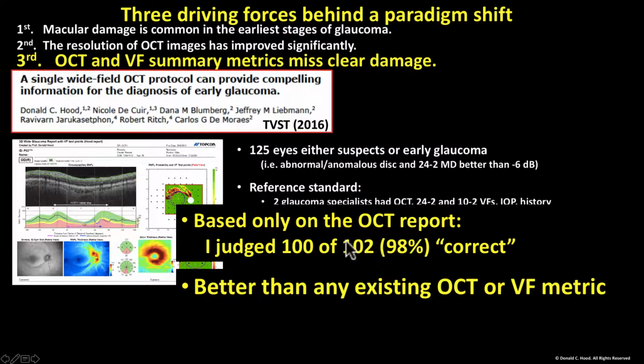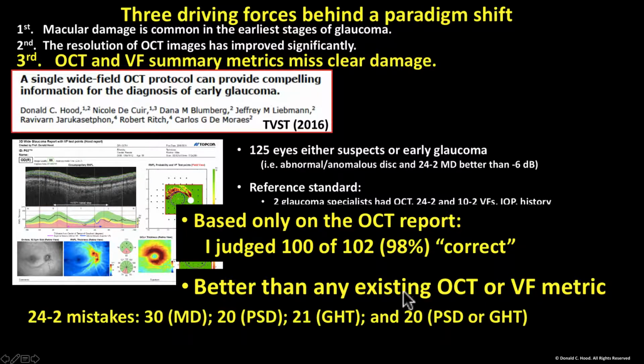This performance was much better than any of the existing OCT metrics. For example, out of the 102, I had 2 mistakes. If you depended on the mean deviation of the 24-2, you would have 30 mistakes. If you depended on the pattern standard deviation, you'd have 20 mistakes. If you depended upon the glaucoma hemifield test, you'd have 21 mistakes. And if you used the Oates criteria, you'd have 20 mistakes.